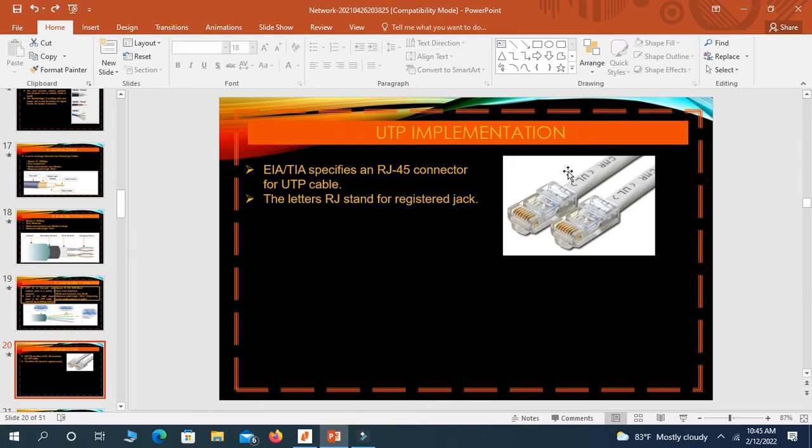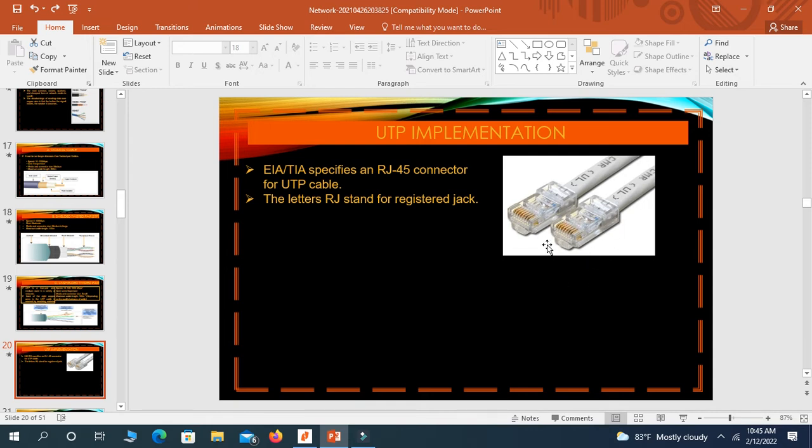This is how UTP is implemented. You might have seen it in your homes if you are using a broadband connection. This is how it looks like. So EIA or TIA specifies an RJ45 connector for UTP cable. RJ45 connector, what is that? This transparent thing is called an RJ45 connector.